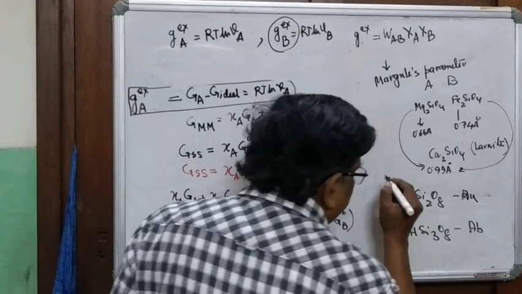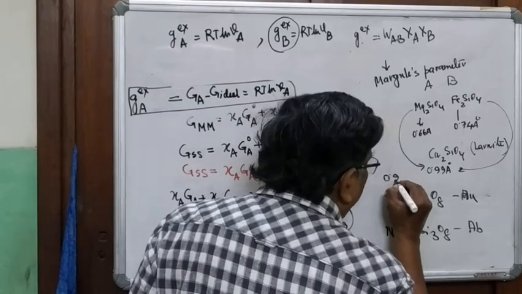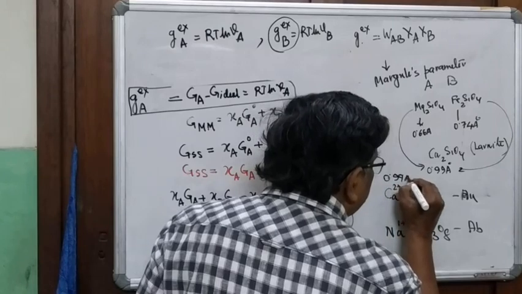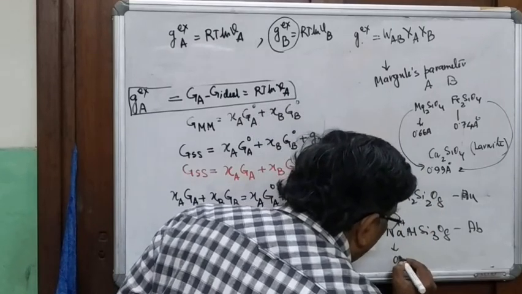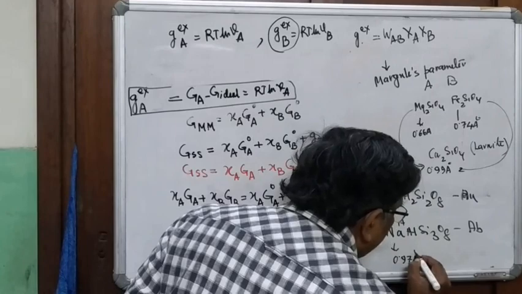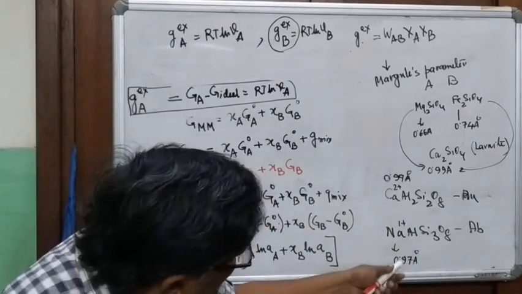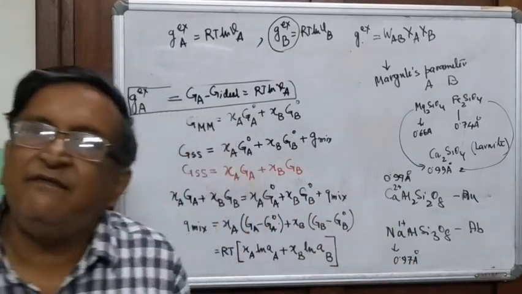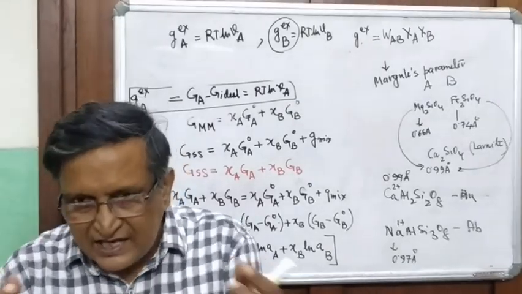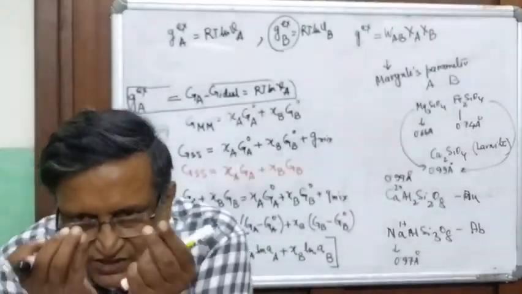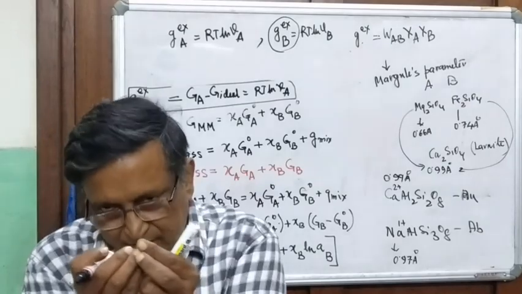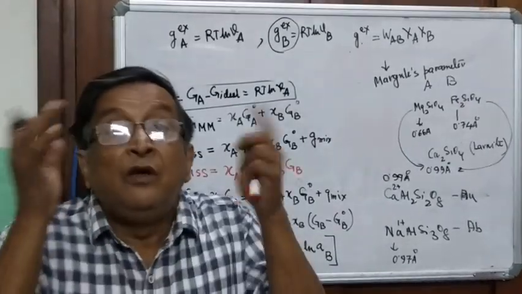But calcium has an ionic radius of 0.99 angstroms and sodium has 0.97 angstroms. So you see, size-wise, they are very, very similar. So the interaction energy, theoretically, if you look at just the size, should be very small. But it is not. Why not?